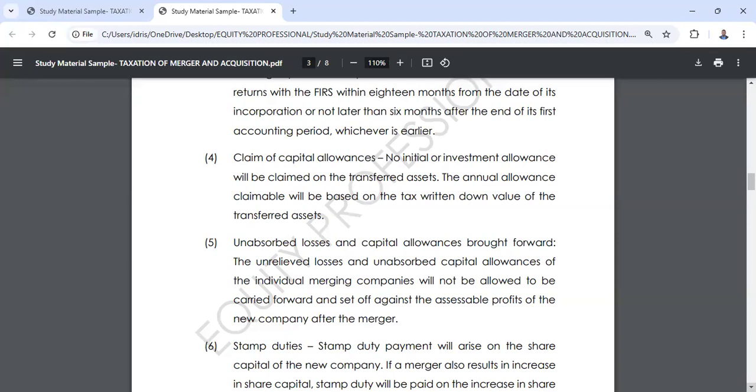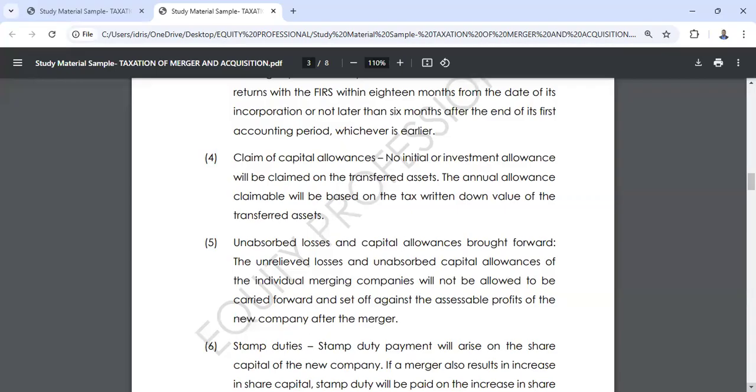In case A or B have any unabsorbed losses and capital allowance, what is the treatment? Unrelieved or unabsorbed losses and capital allowance of any of the merging companies will not be allowed to be carried forward or set off against the profit of the new company after the merger.